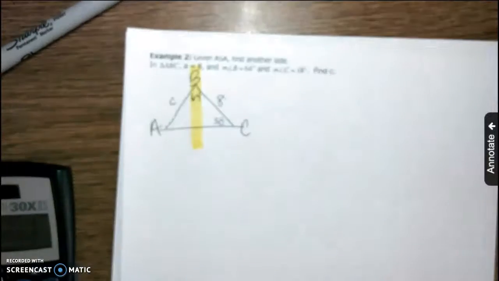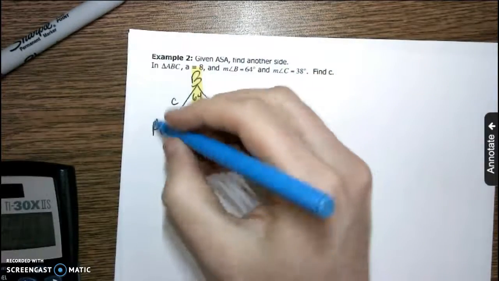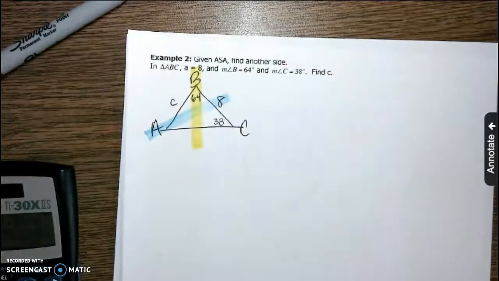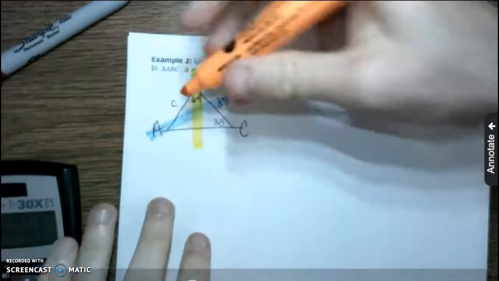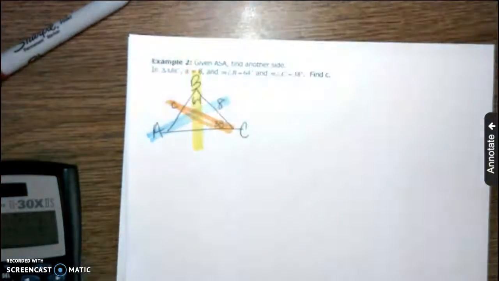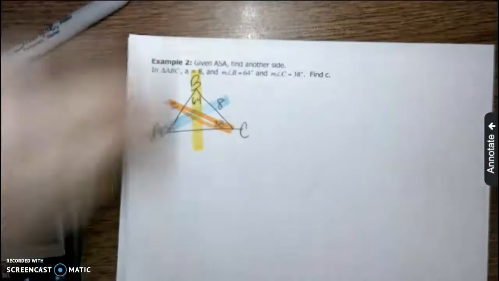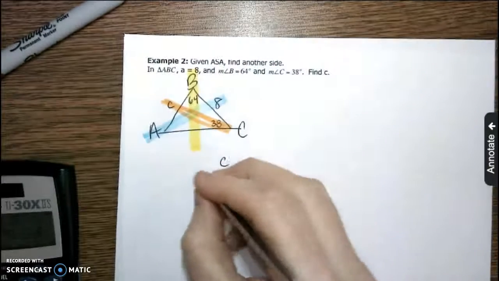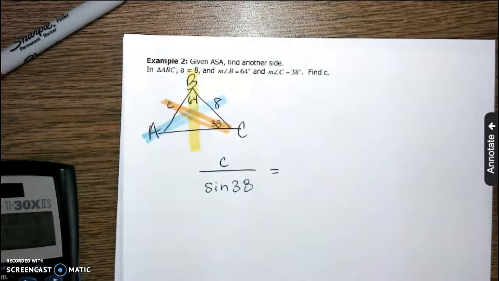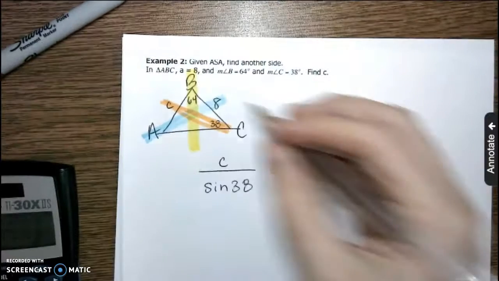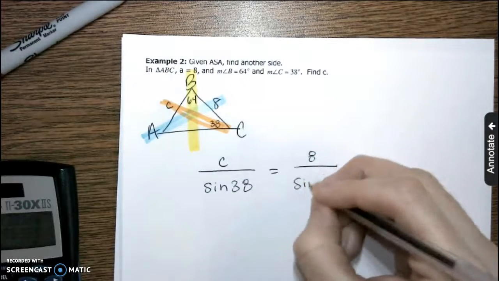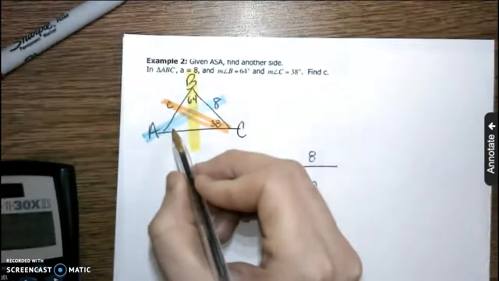Angle A is opposite of side A, which is 8. And angle C is opposite of side C. So let's set up our proportion. You have C over the sine of 38 equals, I have to use 8. That's my only other side. But I need the angle for A.